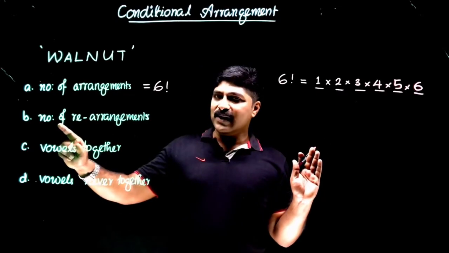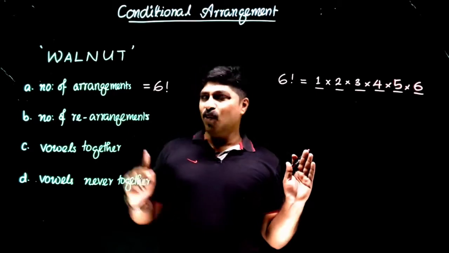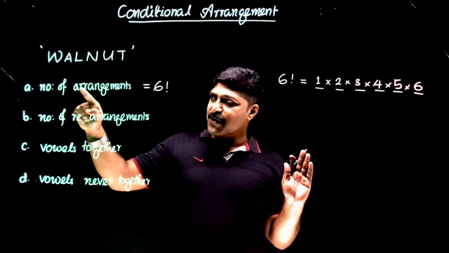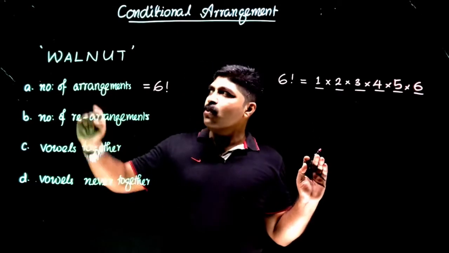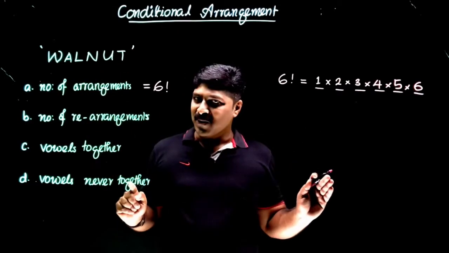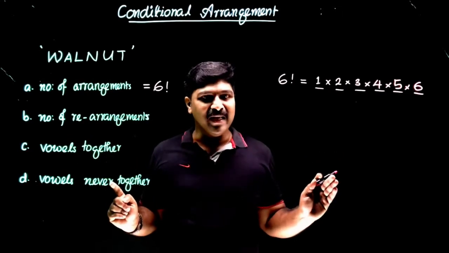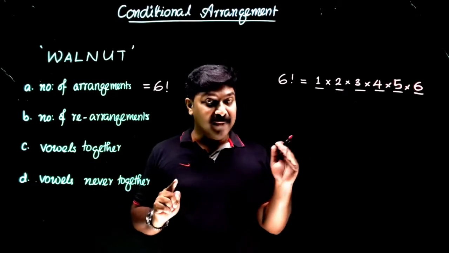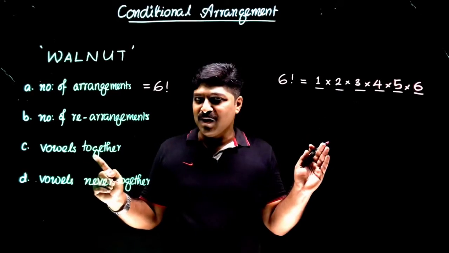Now the second one, the number of rearrangements. What is the difference between these 2 tasks? This is the total number of arrangements, which means including the given order also. But in the case of rearrangement, you don't consider the present arrangement, which means we want the other possible different arrangements.